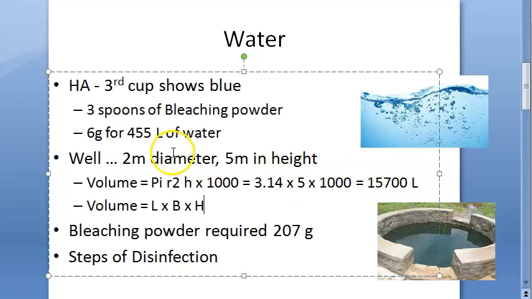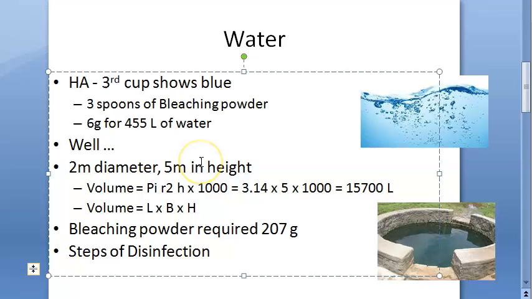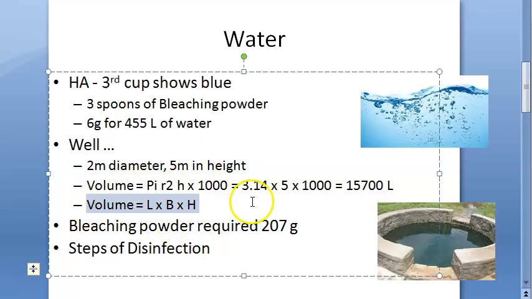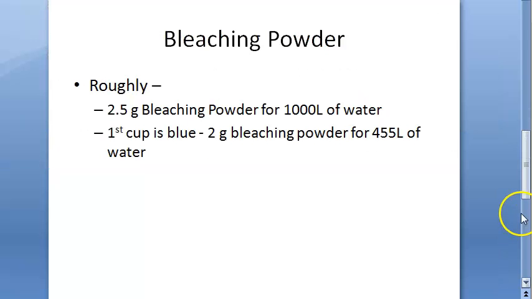Either it can be a well which is circular, or it can be a tank which is cuboidal, and for that you will use length into breadth into height. This could be the other option in your water problems. Other than all this, they can ask questions like, if Horrock's apparatus is not there, what will you do? Which is the indicator? Freshly prepared starch iodide, guys, is the indicator.